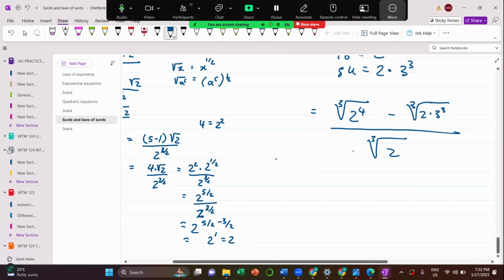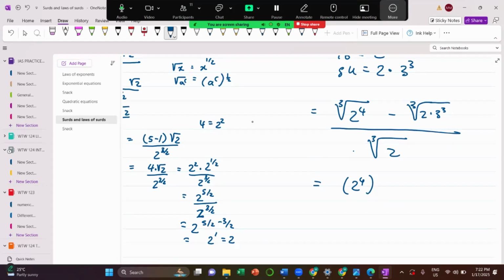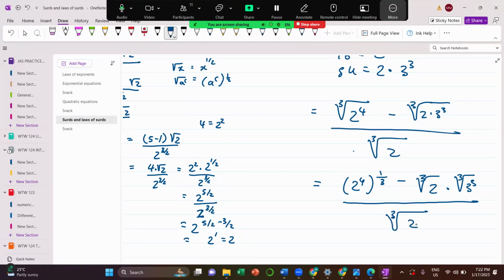So now what can I do? I'm going to rewrite this in exponential form. So I have 2 to the exponent of 4, but I have a 3 here, so it's going to be the exponent of 1 over 3. Minus. Here, I have a multiplication sign in between, so I can separate the roots. So I'm going to have the cube root of 2 times the cube root of 3 cubed, all over the cube root of 2.